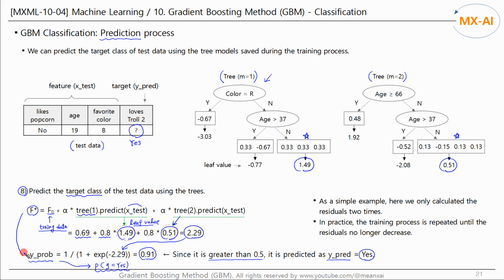For simplicity, we only did 2 iterations. But in practice we just keep iterating until the residuals no longer decrease. If so, the leaf values will continue to be added like this.